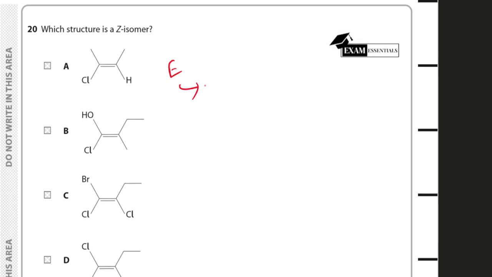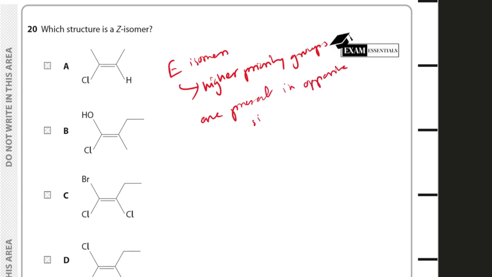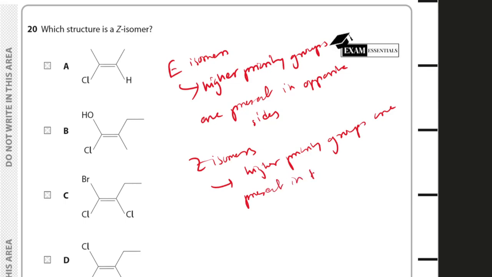Now, in E isomers, basically, the higher priority groups are present on opposite sides, and in Z isomers the higher priority groups are present on the same side. Now, how do you identify the higher priority groups? Simply, you just find the molecular masses of each group.